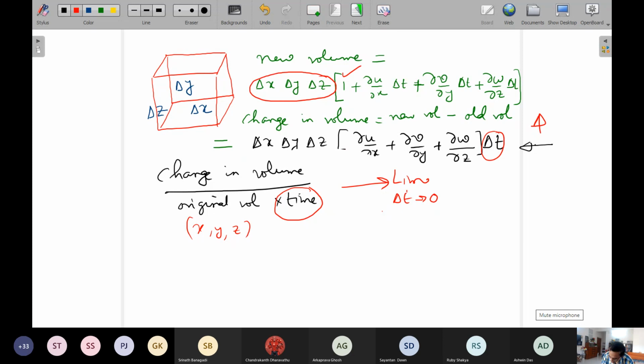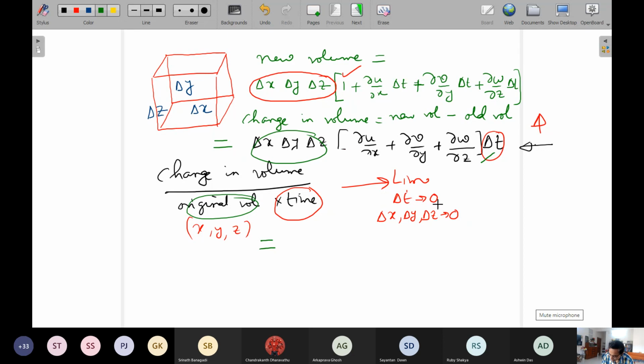So what it means is that you must have these tending to 0. When these are all tending to 0, first of all, when you divide by the original volume, this one is gone. You divide by time, so this is gone.